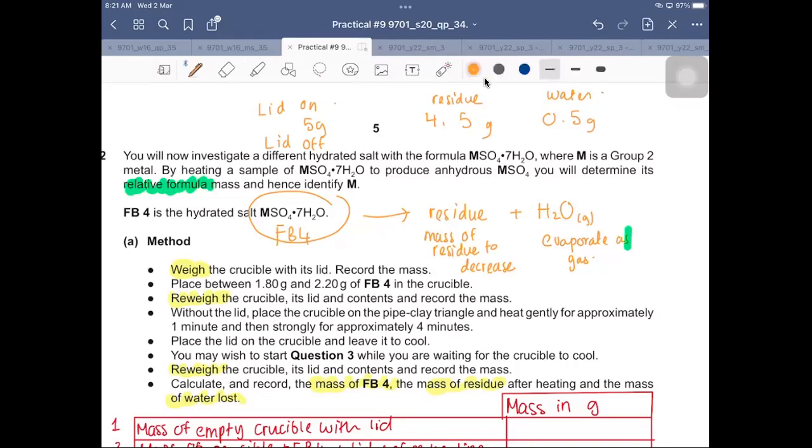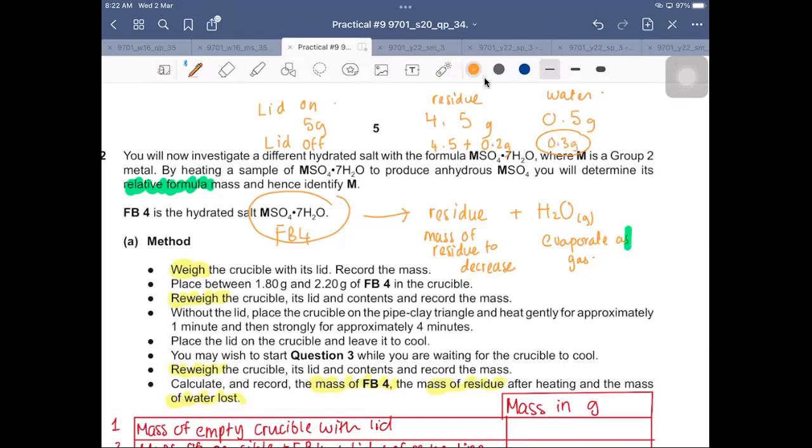Okay, so for example, 4.5 plus say 0.2 grams of the water from the external. Okay, so how much left of water is lost here to make it back to 5 grams? 4.5 plus 0.2, 0.3, right?